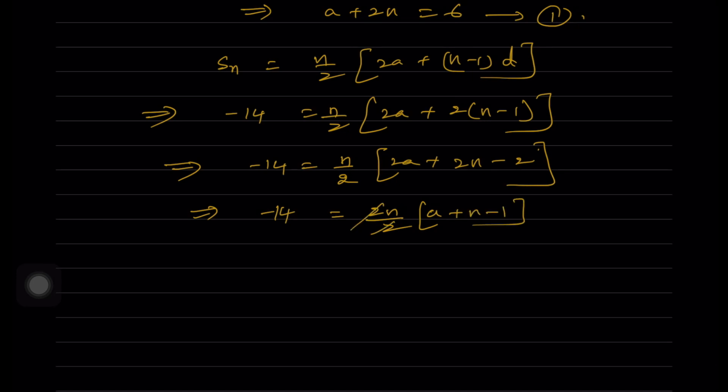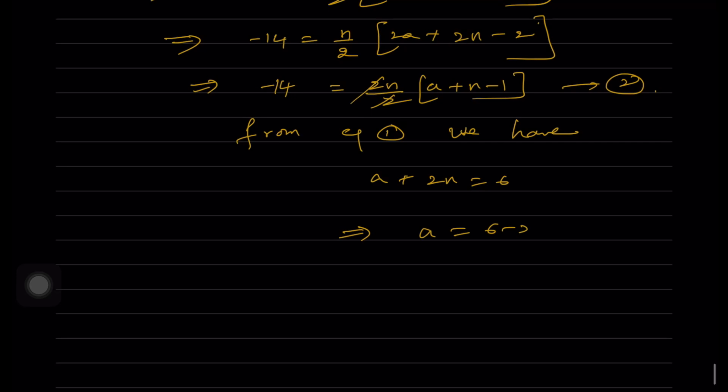So 2 will get cancelled over here. So now you are getting minus 14 is equal to n into a plus n minus 1. So now taking this as equation 2, we have from equation 1 a is equal to 6 minus 2n. So we substitute that 6 minus 2n in equation 2.